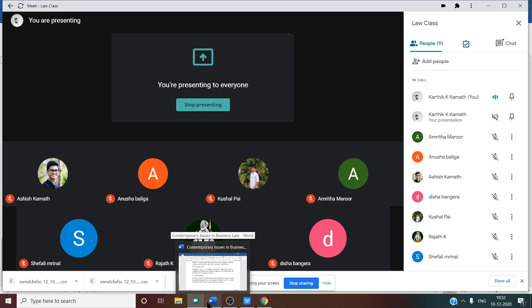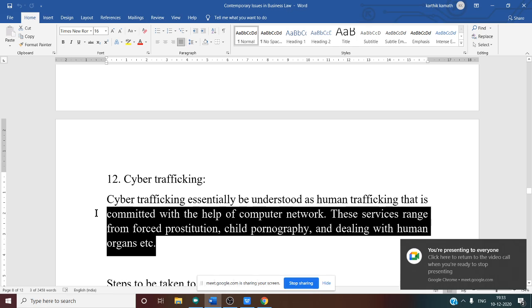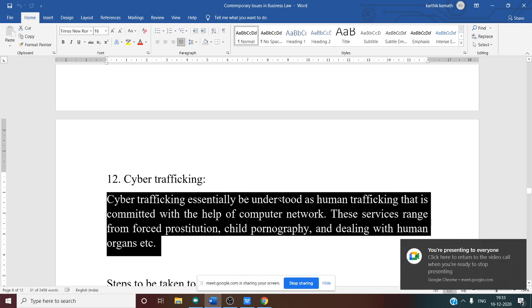Next, cyber trafficking. What do you mean by cyber trafficking? Cyber trafficking is like human trafficking. You are dealing in humans. Cyber trafficking means you are using a computer to commit some fraud. It can essentially be understood as human trafficking that is committed with the help of a computer network. These services range from forced prostitution.